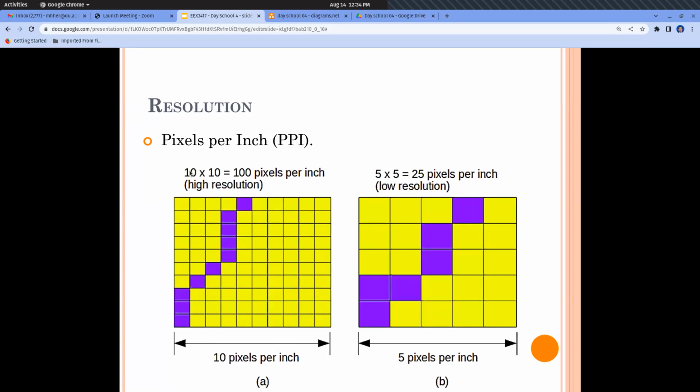If you consider 10 into 10 pixels, this line is more clear. But if it is 5 into 5, that is 25 pixels, this line is not clear. That is the difference in pixels per inch, PPI.